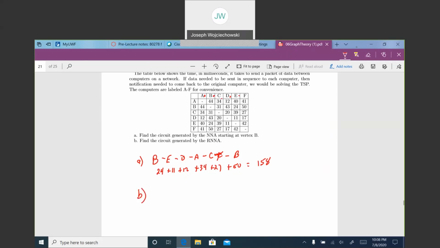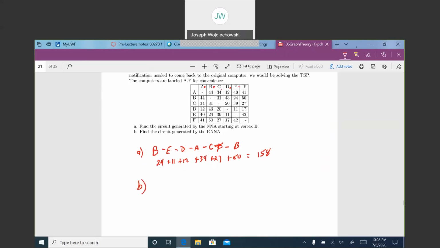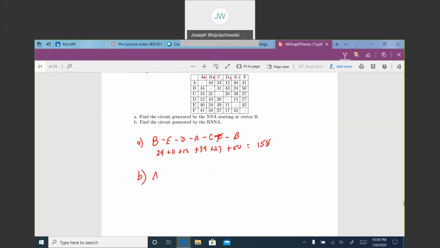Now, the repeated nearest neighbor method, well, we have to do the other letters. I'm not going to do them all. I'm going to let you do that. So let's just start with A. Nearest neighbor to A is D, and that's 12. So now I'm at D. The nearest neighbor to D is E, which is 11. The nearest neighbor to E that I haven't used already is B at 24. Nearest neighbor to B that I haven't used already is C at 31.